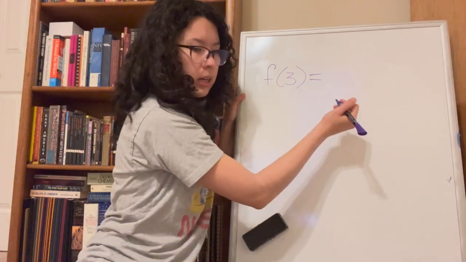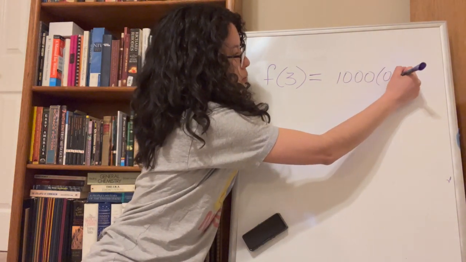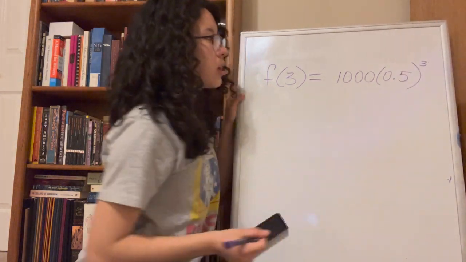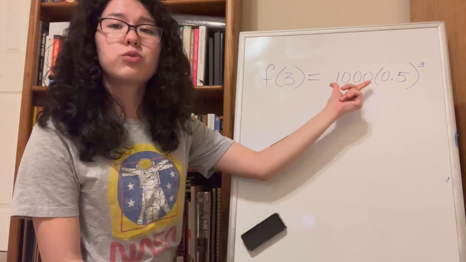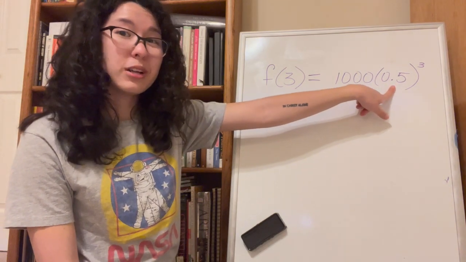So if f of 3 is 1000 times 0.5 raised to the third power, what this means is that a principal amount or an original amount of 1000 is undergoing exponential decay, right?